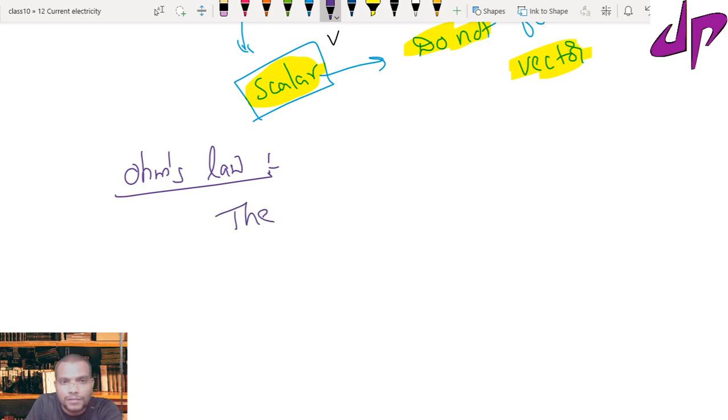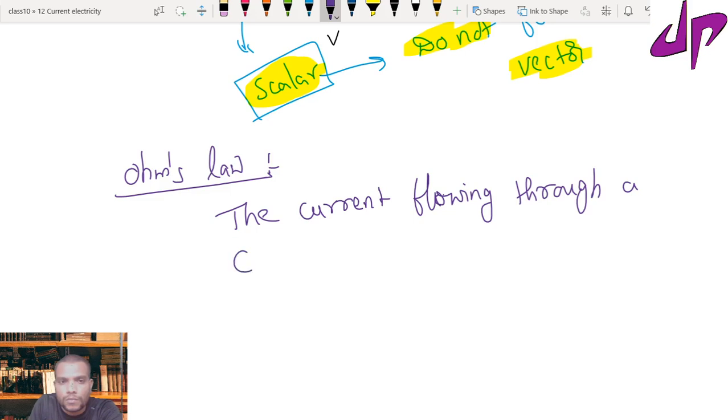The current flowing through a conductor is directly proportional to, I can use the symbol here, the potential difference applied across it.